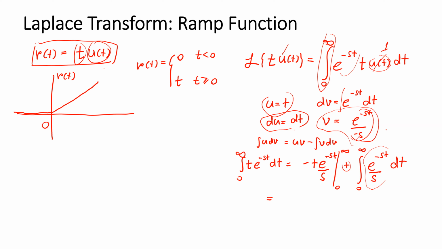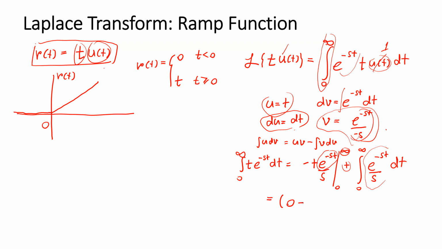For the first term, when we consider t equal to infinity, it seems like we have 1 per e to the power infinity, which means 0. So the first term is going to be 0.